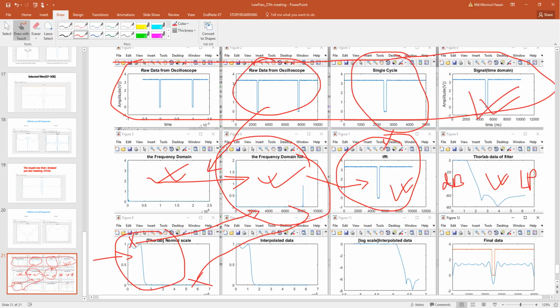If we do the sampling differently, that means the x-axis of your original data, the frequency data, is totally different from the x-axis data of your Thorlabs low pass filter. So we have to match them, and the way to match is to do interpolation.